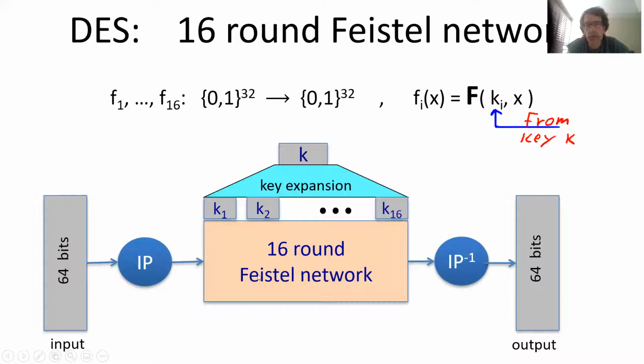Basically, this is a 64 by 64 matrix, which tells which of these bits are going to be translated into which of the bits here. Okay, so it's a linear function. Basically, it's a matrix multiplication.